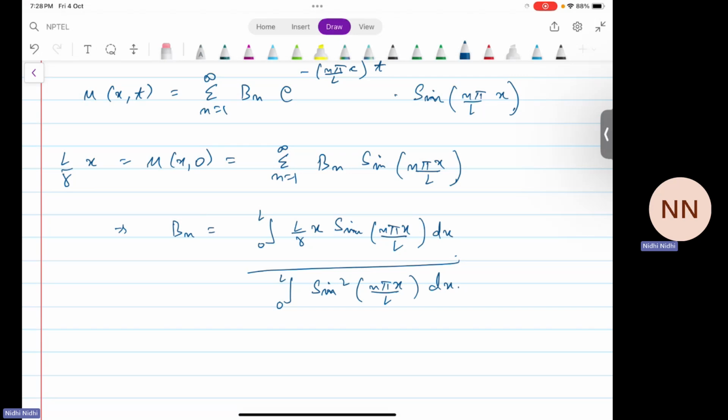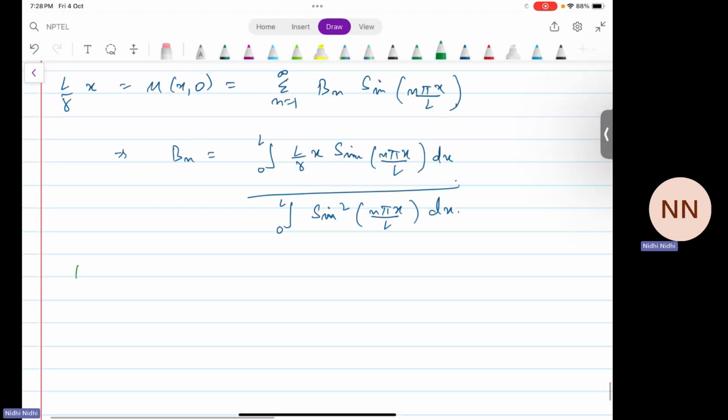As we had done in earlier questions, by question 1, we know that this denominator, the integral from 0 to L of sin squared(n pi x by L) dx, is equal to L by 2.